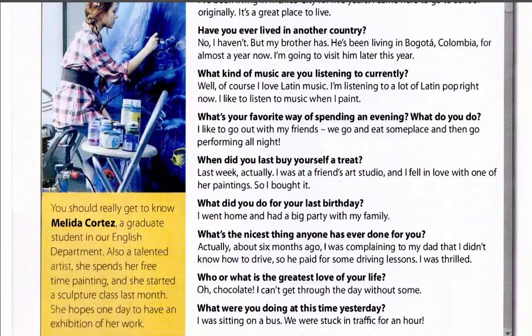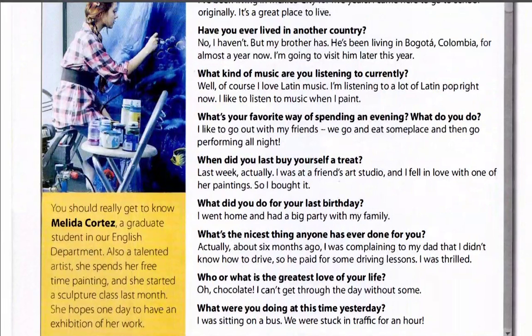What is the nicest thing anyone has ever done for you? She starts out actually about 6 months ago, so we have a specific time. We know we're going to be using the simple past. She's telling a story. But the first verb here, she says, I was complaining to my dad. So we're going to be using the past continuous, was complaining.